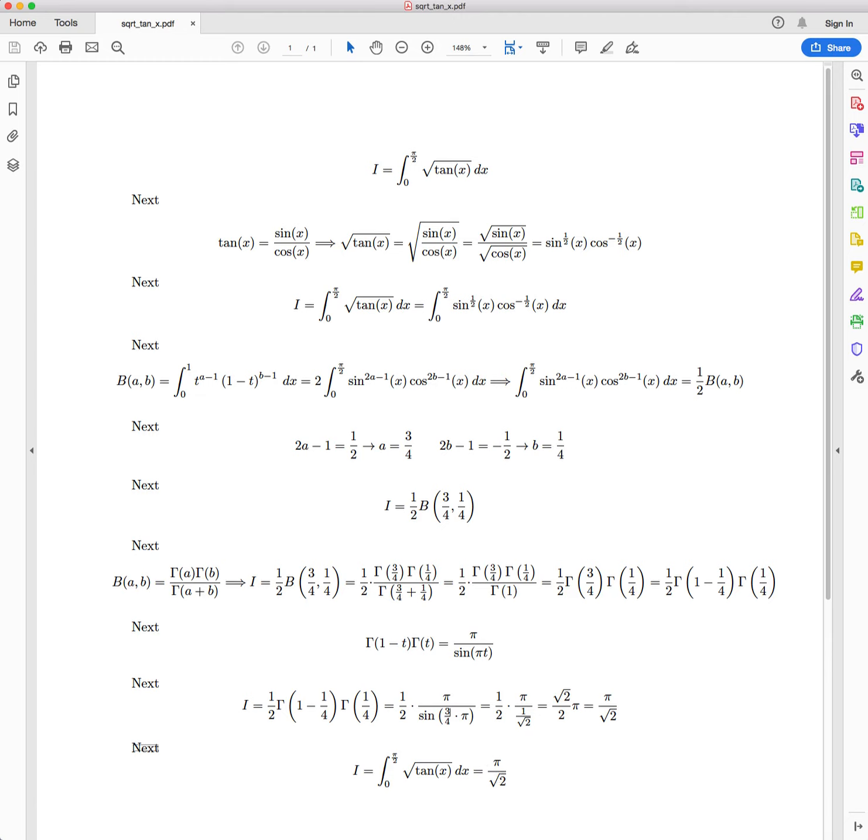So although we've had to use some very special identities, we've taken it from the beta function, which is a special function, and then we've converted it into the gamma function, which is another special function. I wouldn't say it's better to represent it in that form, but it's generally classically done.